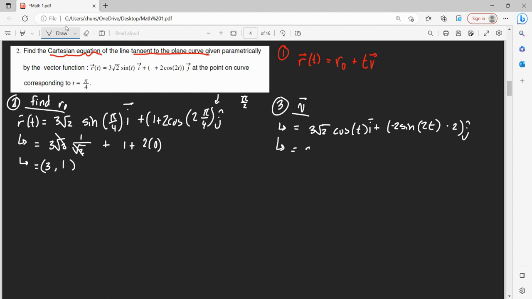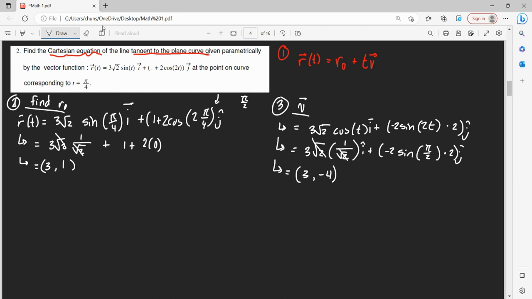So that means when we plug in for our t value, we've got 1 over square root 2 again, plus negative 2 sine pi over 2 times 2 j. So again, square root 2's cancel. So we're going to have 3. That's our x-coordinate. And sine is 1 at 90. So then this is just going to be negative 4.